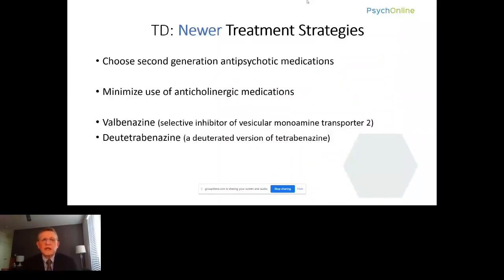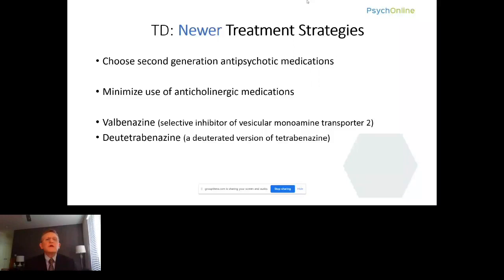What are newer strategies? Well, whenever you can, choose a second generation antipsychotic medication rather than a first generation. The reason is that the first generations, like say haloperidol, have a 5% annual incidence of developing tardive dyskinesia. So after 1 year of treatment, 5 out of 100 patients are going to have it. After 10 years, 50 out of 100 are going to have it.